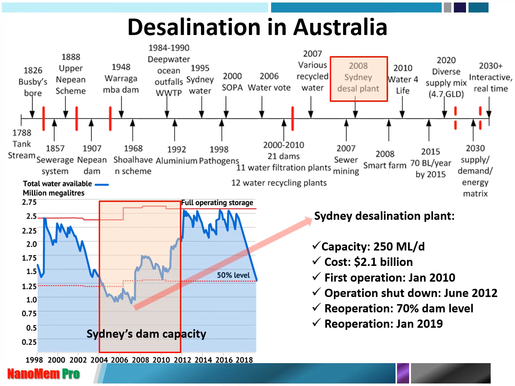This is one of the histories of the desalination. Even though we control whether to operate or not depending on our dam level, we have very reliable water insurance.